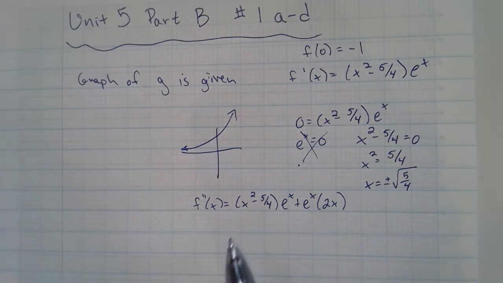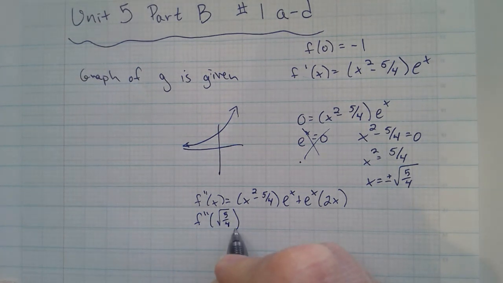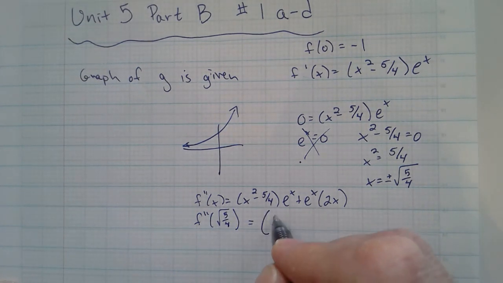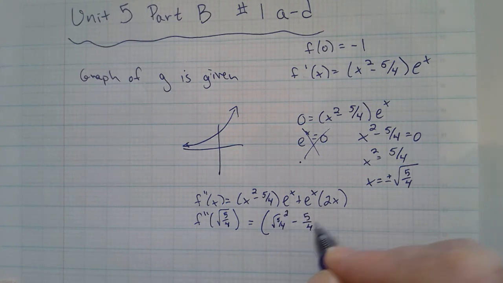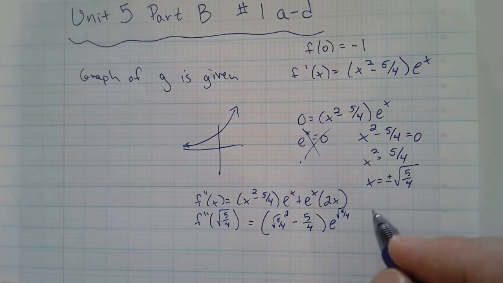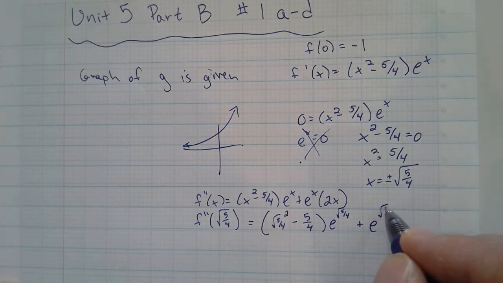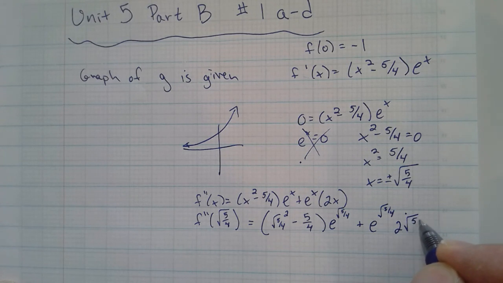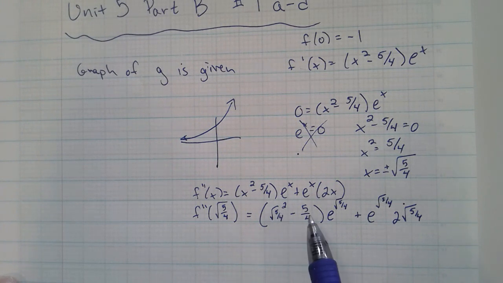Using the second derivative test, I can go f double prime of the square root of 5/4, and that gives you the square root of 5/4 squared minus 5/4, times e to the square root of 5/4, plus e to the square root of 5/4 times 2 square root of 5/4. The square root of 5/4 squared is 5/4, minus 5/4 is 0, so that whole part ends up being 0.